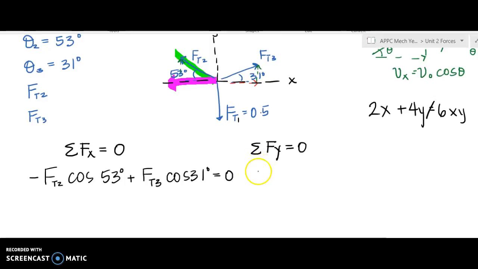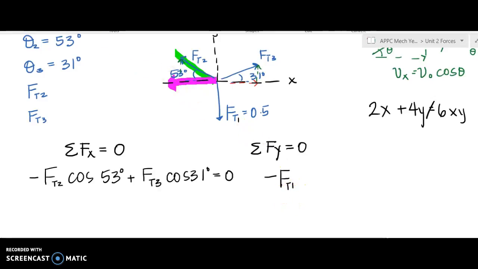Now let's look at the Y direction. Let's start again at the bottom here, and I'm going to go clockwise around. So FT1, X, Y, or both? Y, positive or negative? Negative. Okay, and because it's the whole vector, is there any sine or cosine component? No way. All right, it would just be a negative FT1.